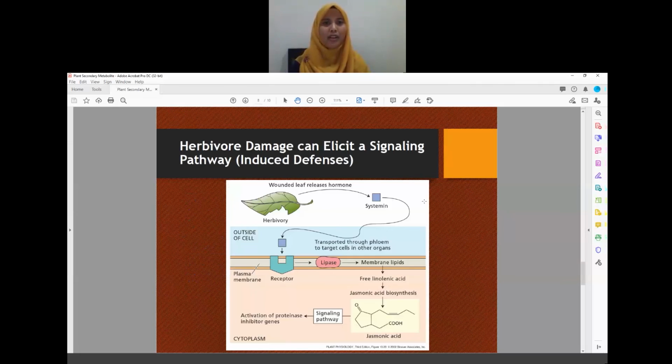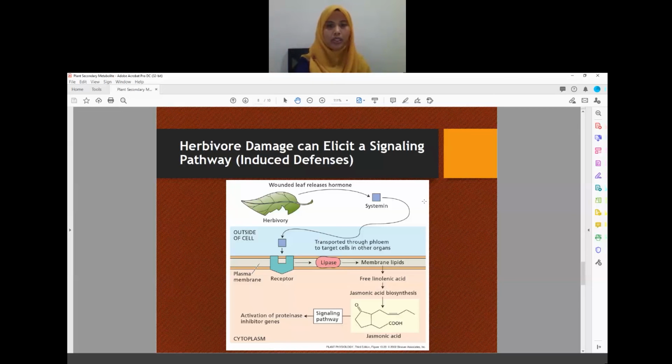Alright, herbivore damage can elicit a signaling pathway. This is the induced defense. This is how the pathway for jasmonic acid happens. There are a lot of pathways, and the one we are showing here is the jasmonic acid pathway. For example, with herbivory, a grasshopper might bite your plant and then the plant will release a hormone called histamine hormone, which will bind to the receptor on the plasma membrane.